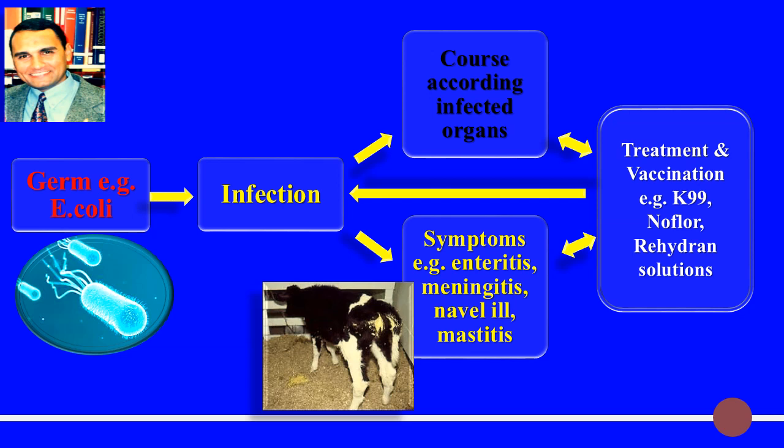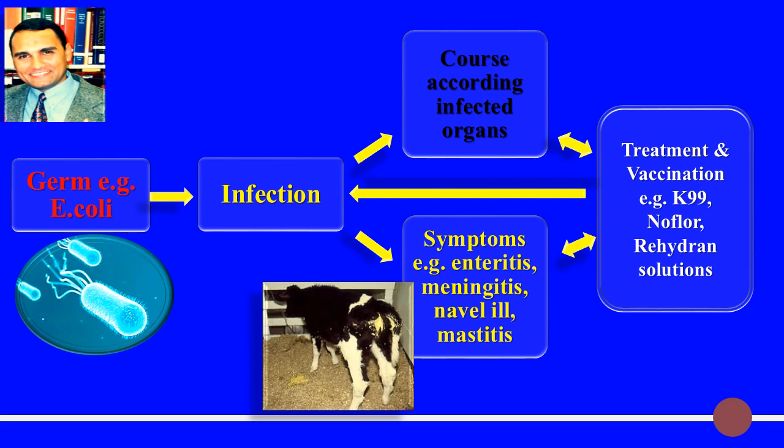Here is the picture of E. coli as a germ. By infection, it causes a disease whose course differs according to the infected organs, and symptoms will be enteritis, meningitis, navel ill, and mastitis in animals. E. coli causes food poisoning in human beings.